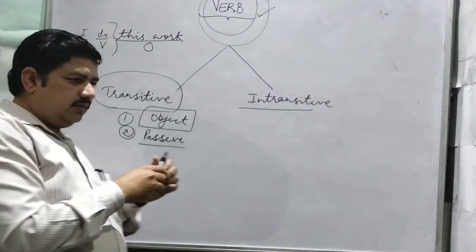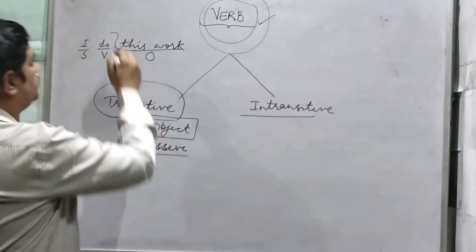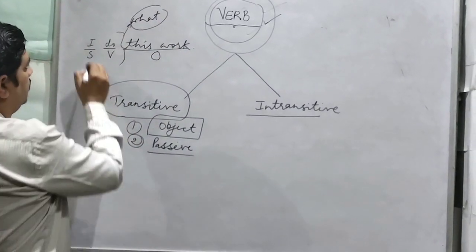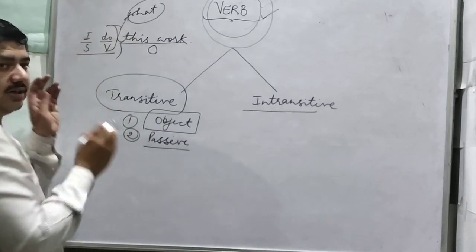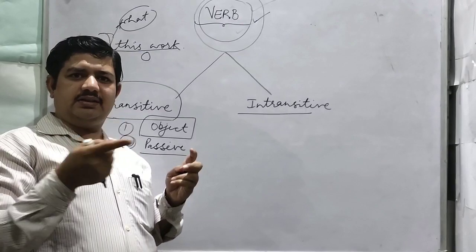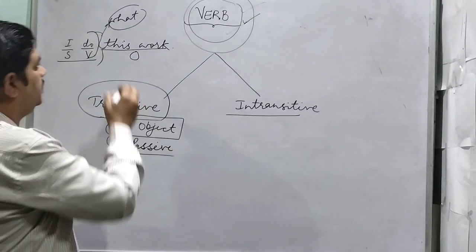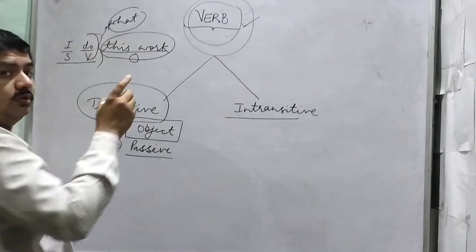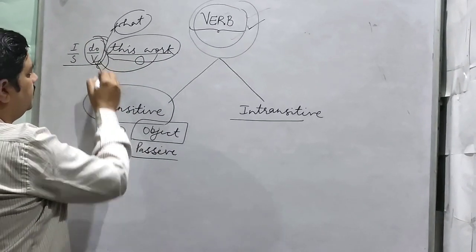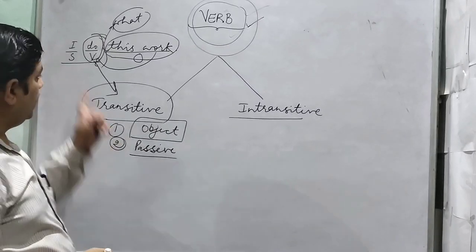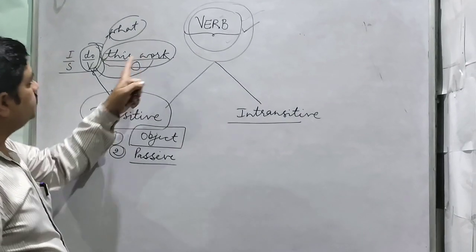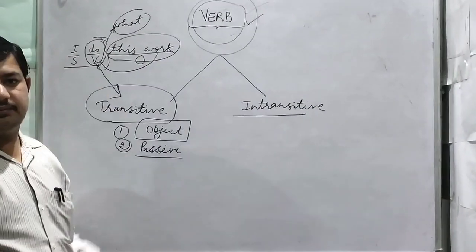When you get the answer to the question what after the subject and verb, in the form of an object, it means the verb that is followed by that object is a transitive verb. Like, I do this work. You can change it into passive form also: this work is done by me.